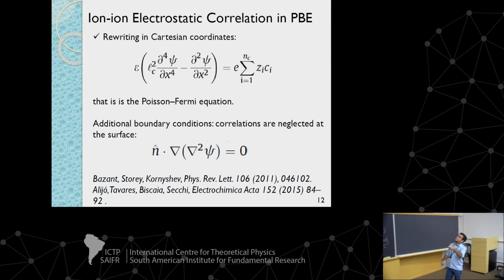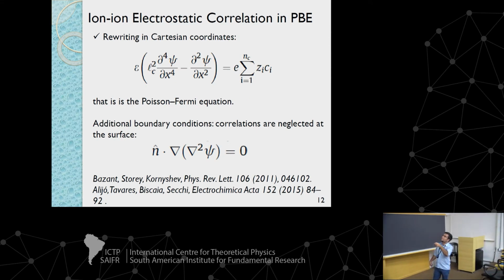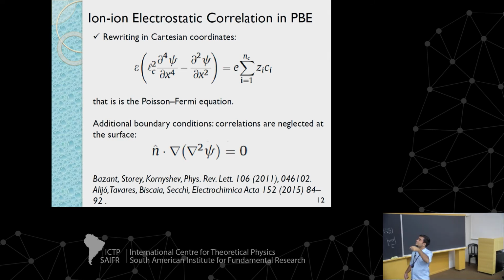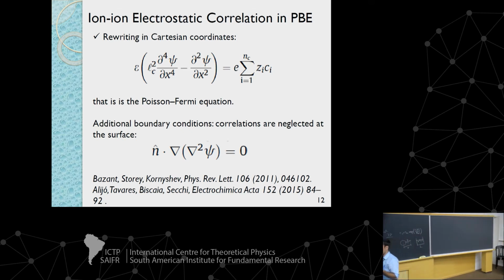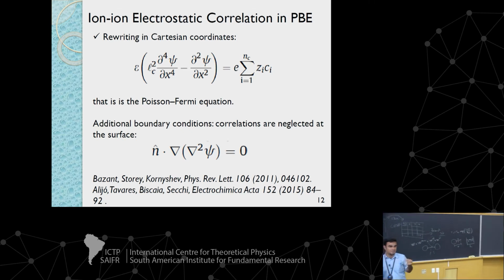So here is the same equation written in Cartesian coordinates. And for the boundary conditions, we now need 2 additional boundary conditions as we have a 4th order differential equation. So we introduce other boundary conditions. For example, we say that correlations are neglected at the surface. Why? I don't know. I don't agree with that. But that's what they usually do.